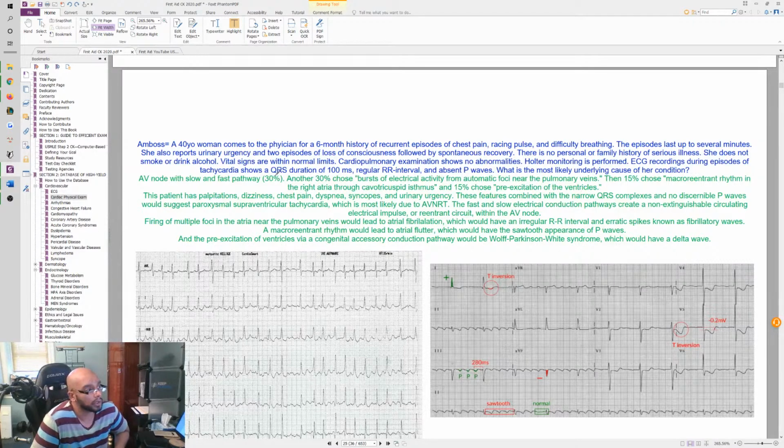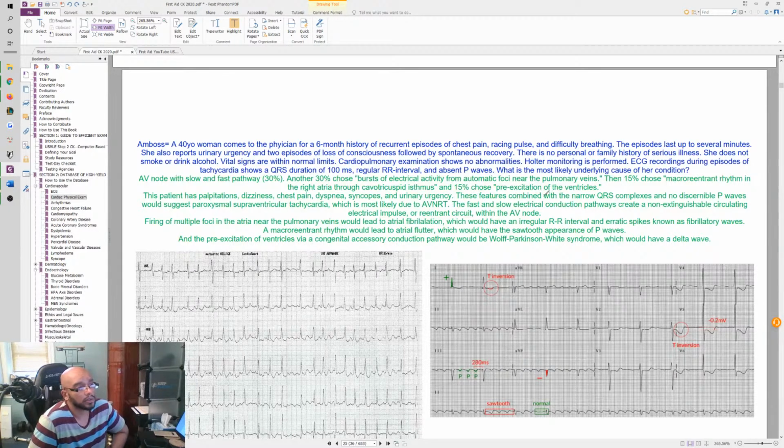Now, it's really important to understand all four of these answer choices so you can kind of see why AV node with slow and fast pathway is correct for this patient and where the other answer choices would be correct. This patient has palpitations, dizziness, chest pain, dyspnea, syncopes, and urinary urgency. These features combined with narrow QRS complexes and no discernible P waves would suggest paroxysmal supraventricular tachycardia, which is almost likely due to AVNRT.